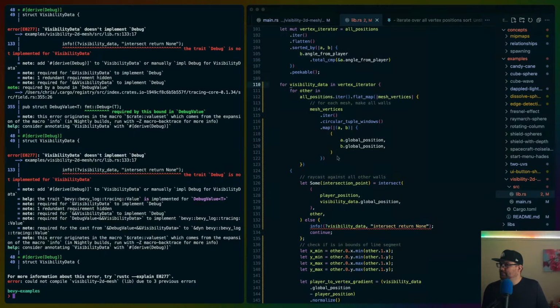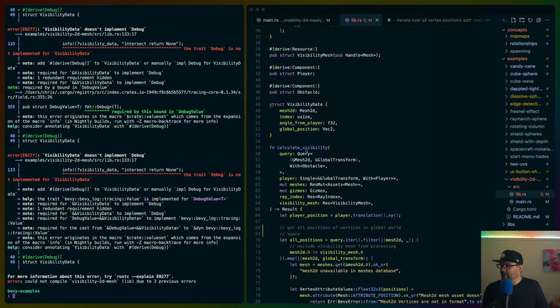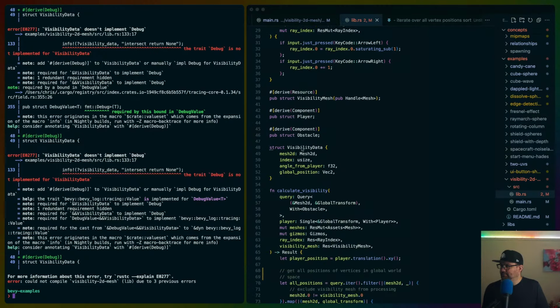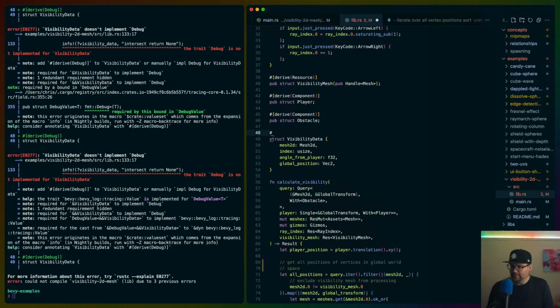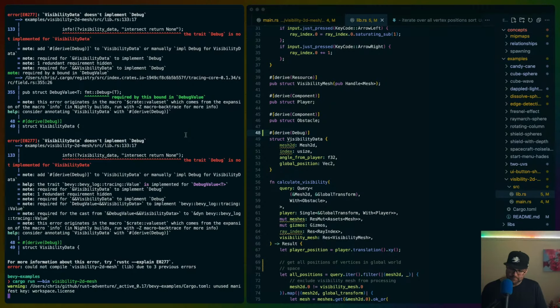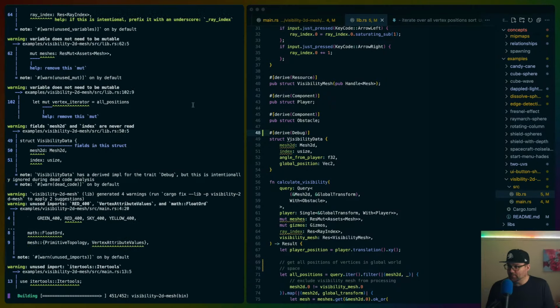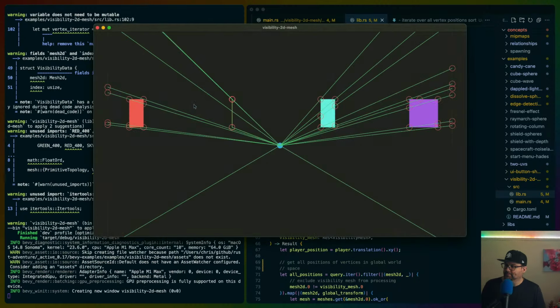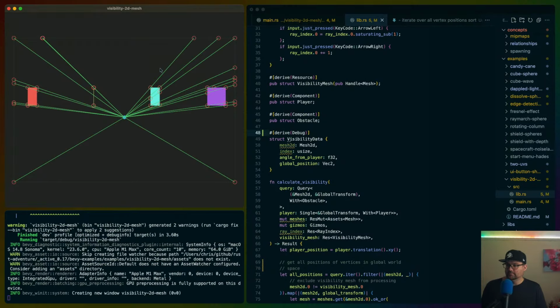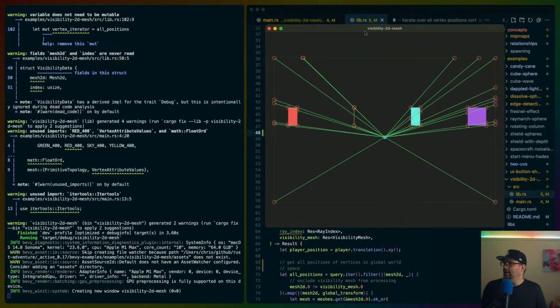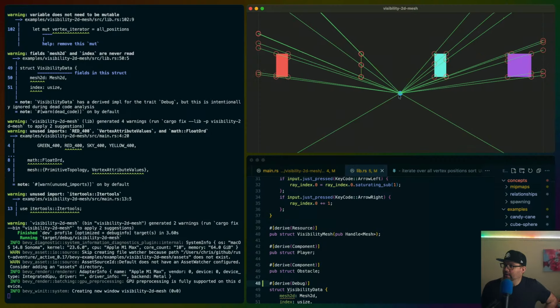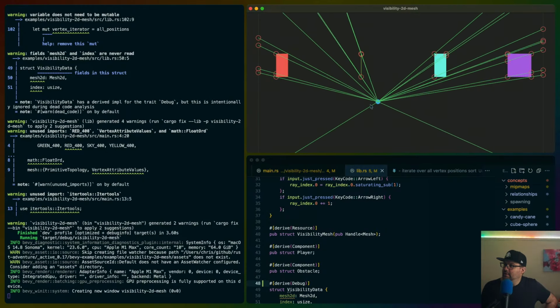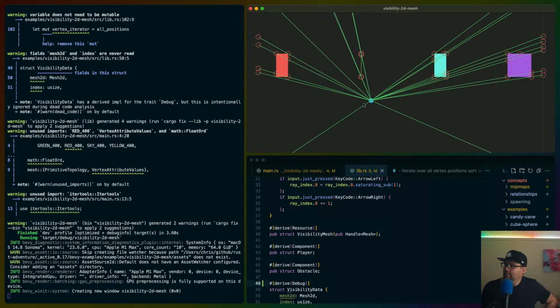Yeah. Where did I define the visibility data? Oh, I have nothing on visibility data. That's right. I really just wasn't printing out those values, was I? Okay, so we don't see the issue currently. Does it pop up when this happens?